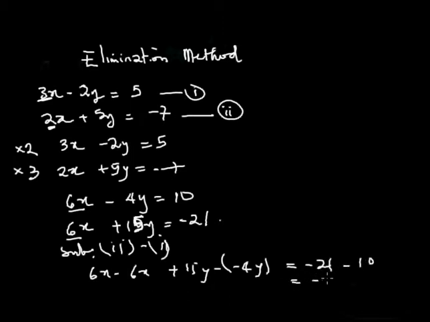This is going to give us minus 31, and this is going to be erased. It's going to be 0 plus 19y. So the value for y is going to be minus 31 over 19.